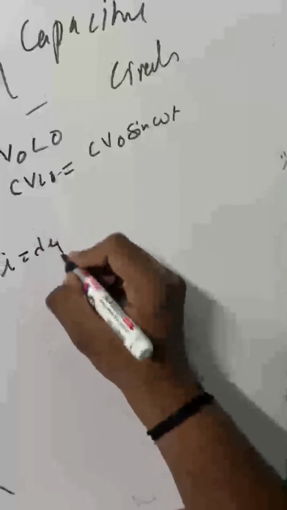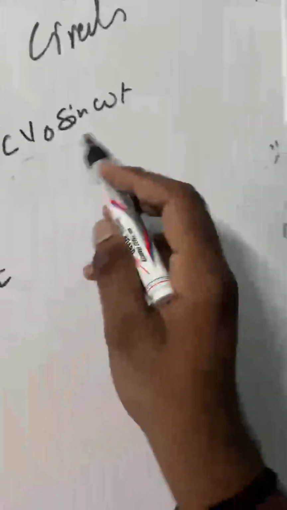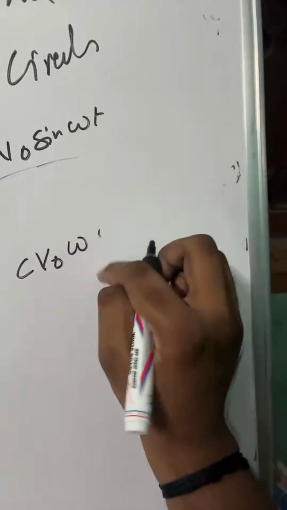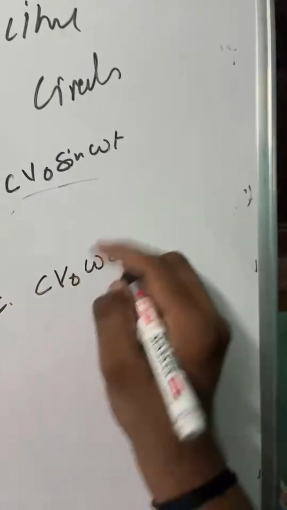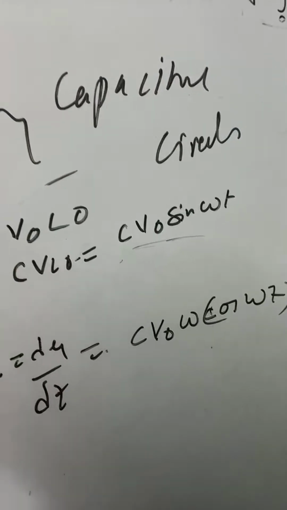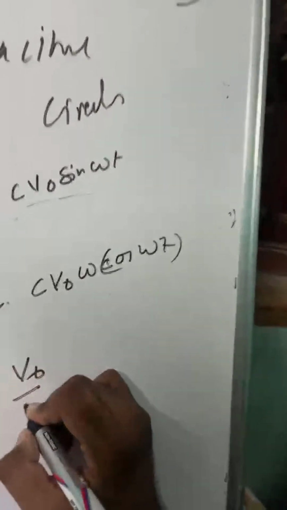I is dq upon dt. Apply the trick. What we knew: CV naught sine omega t. So it becomes C V naught omega cos omega t, right? The I value will be IC, and it will be V naught by 1 by omega C. Listen here.